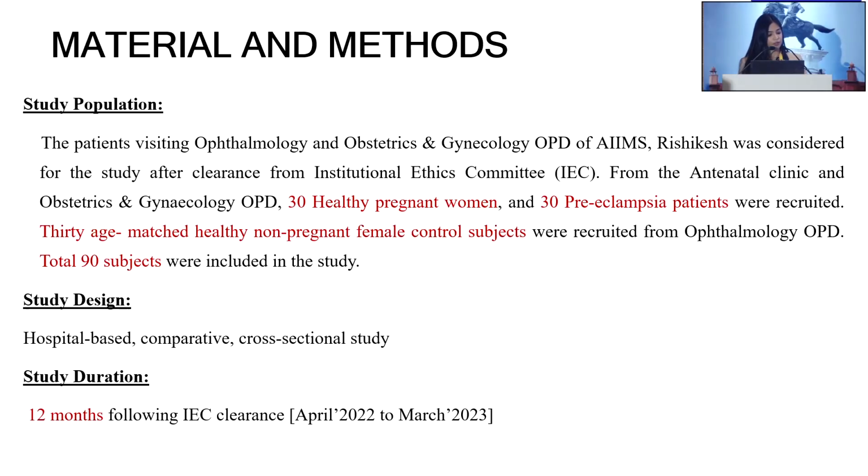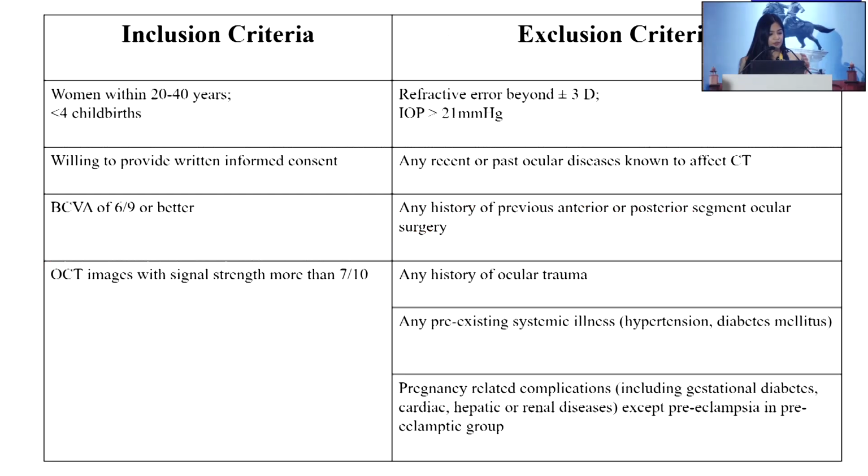It was a hospital-based comparative cross-sectional study, and the study duration was 12 months. The inclusion criteria were 20 to 40 years of age, fewer than 4 childbirths, best corrected vision of better than 6/9, and OCT images with good signal strength. We excluded any pre-existing systemic illness or pregnancy-related complications.